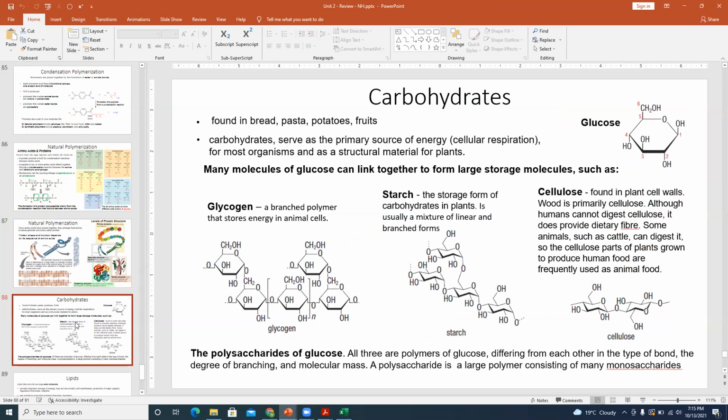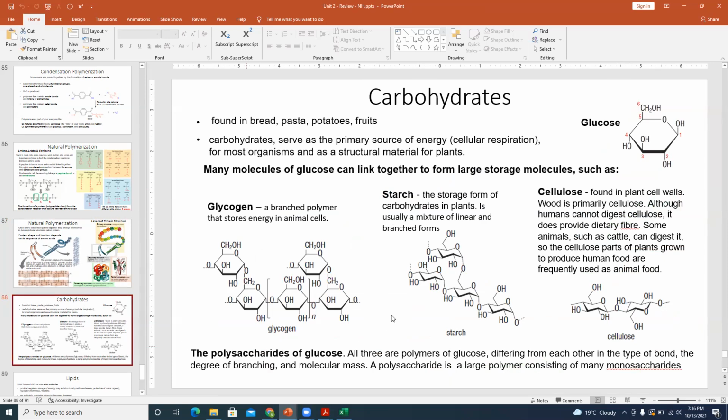Another class of natural polymers are carbohydrates. Carbohydrates, as many of you know, are found in breads, pastas, potatoes, and fruits. They are the sugars and starches. They serve as the primary sources of energy for us in cellular respiration, and also form the structural material for many plants and organisms.